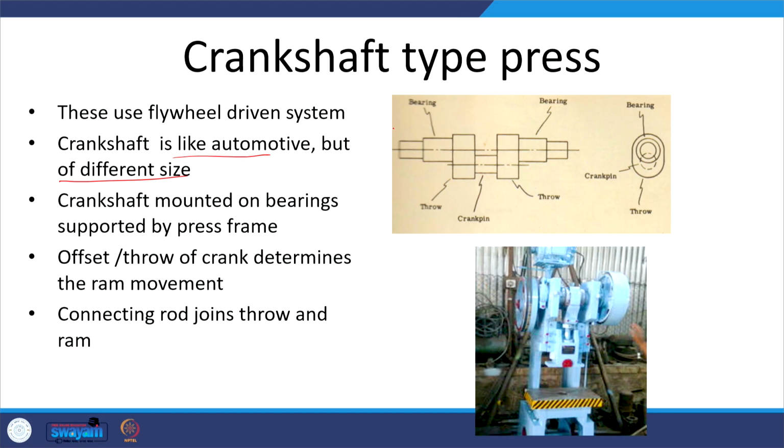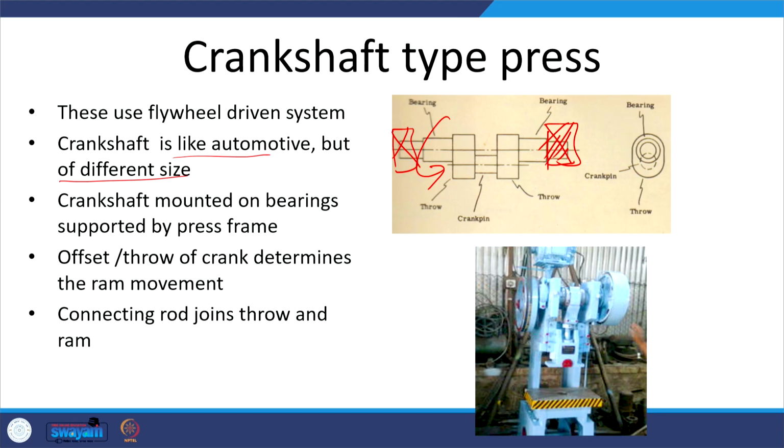The crankshaft at both ends is mounted on bearings, so that it gets the desired support, and then it is rotated with the help of suitable power arrangement, maybe an electric motor, or the power is delivered through the flywheel or a suitable gear train.